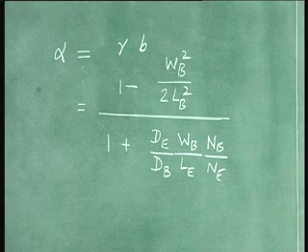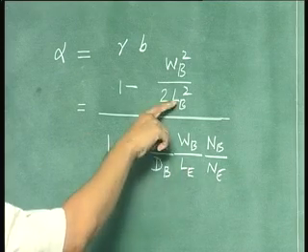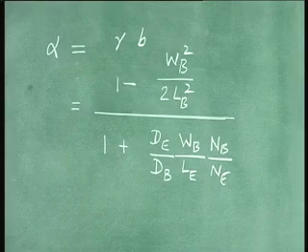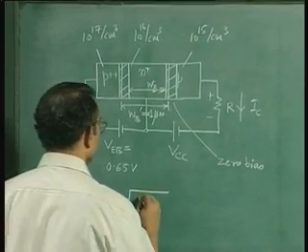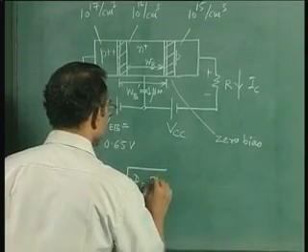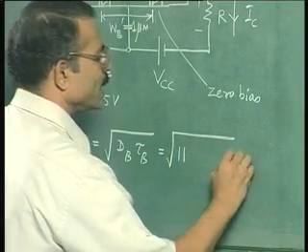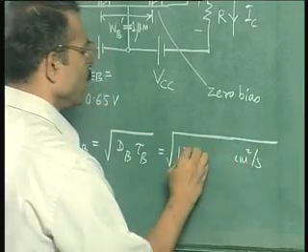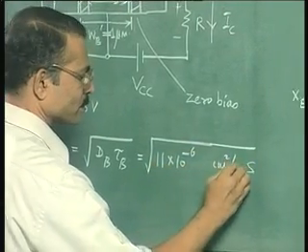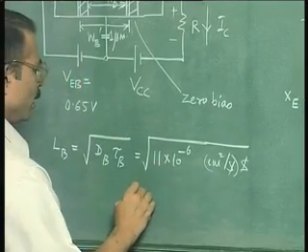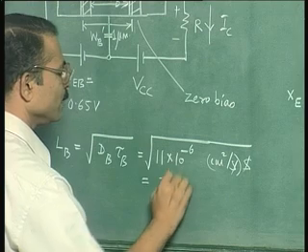Now we should substitute the various parameters here. For this we need to know what is LB and what is LE. Now LB is square root of dB into tau b, that is square root of dB is 11 centimeter square per second and tau b is 10 power minus 6 seconds, that is 1 microsecond, and the result is 33 micrometer.